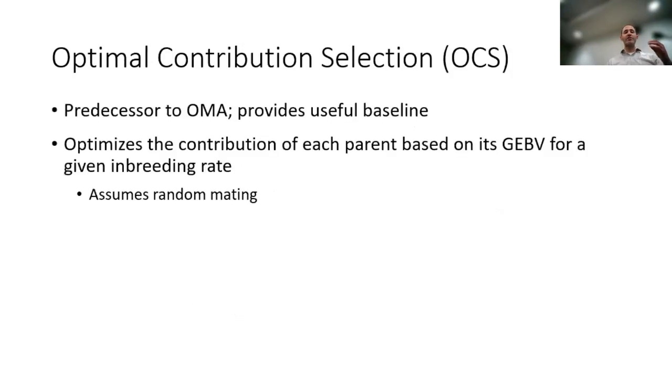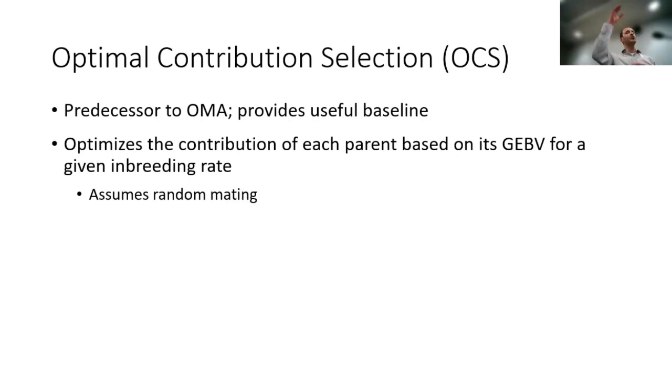So before I get to the vignette, there's one last piece of information I want to share with you: optimum mate allocation is already an extension of an older algorithm in animal breeding called optimum contribution selection, or OCS for short. The difference is that OCS took the contribution of the individuals as the decision variables, not the matings themselves.